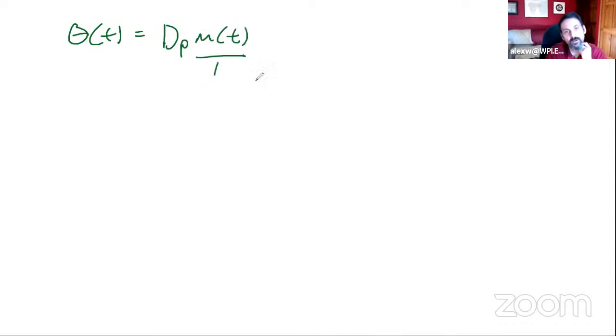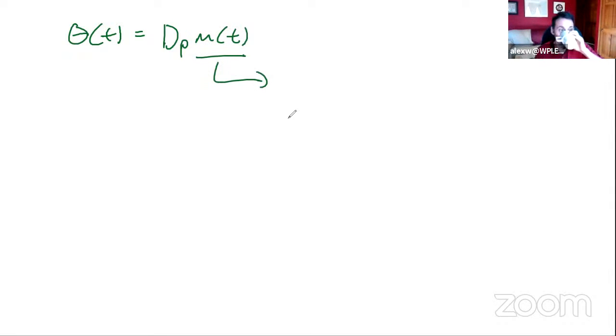Shucks, I thought I had a good one. All right, no loss. So for instance, if we were trying to find a spectrum, what would be a good message signal? What would be a good theta t? So theta t is equal to dp m of t, right? So now what would m of t be?